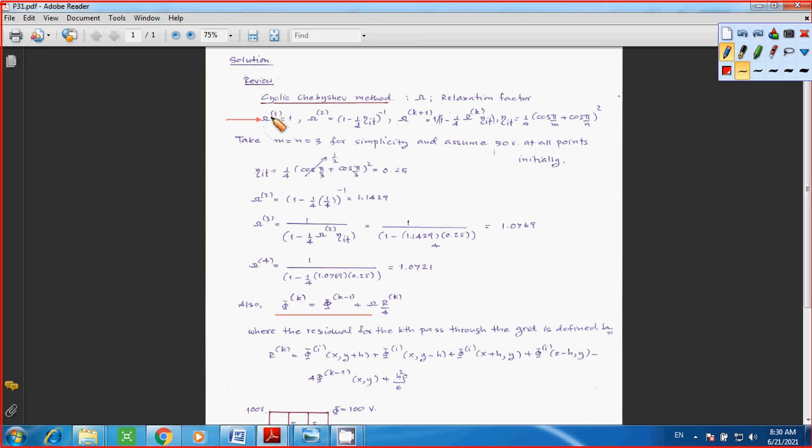Omega 1, the first iteration, equals 1, and for the second iteration, your omega equals 1 minus 1 over 2 eta it to the power negative 1, and your omega of the k plus 1 iteration equals 1 over 1 minus 1 over 4 omega from the k iteration multiplied by eta it, where your eta it equals 1 over 4 cosine pi over m plus cosine pi over n.